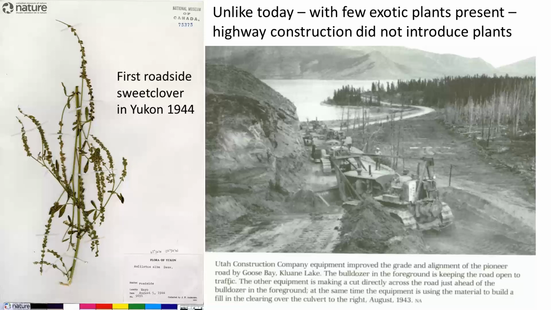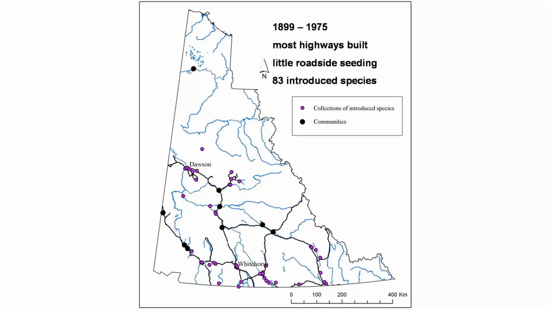So those were some of our major highways. But because we didn't have a lot of exotic plants in the environment, the highway construction didn't move any of the plants. So when we look at after the highways were completed and you look at the distribution of exotic plants between 1899 and 1975, almost all of these are still associated with the agricultural sites.